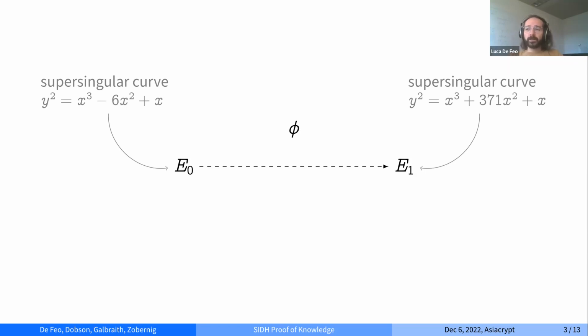So proving knowledge of an isogeny will amount to proving knowledge of some witness, which typically we will represent as an isogeny walk. You can picture this isogeny phi that goes from E0 to E1 as a sequence of elliptic curves along the way from E0 to E1. The steps between these elliptic curves are small steps, and the long walk from E0 to E1 will be somewhat longer, a few hundred steps.